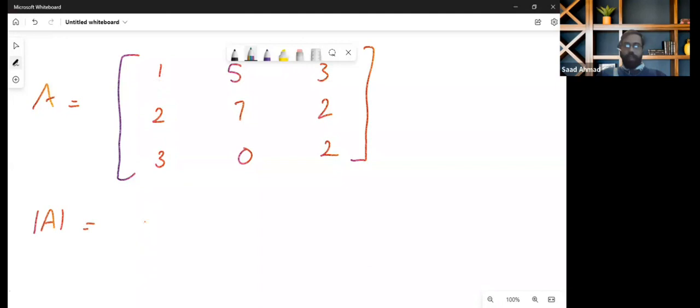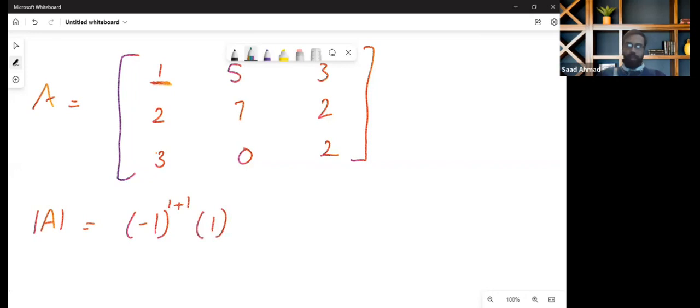So for the first entry, we write -1 to the power i plus j. The entry is 1,1, so it's 1 plus 1. And then a_ij, that is the first entry.